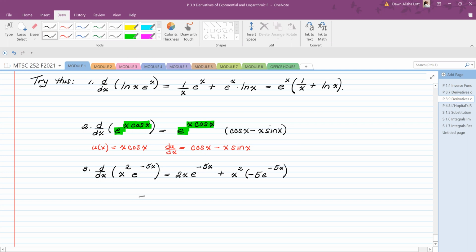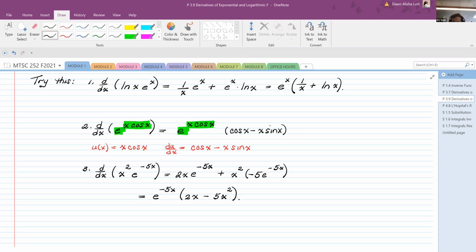So this simplifies: I can pull out the e^(-5x), and that leaves me 2x minus 5x squared. Okay. Any questions?